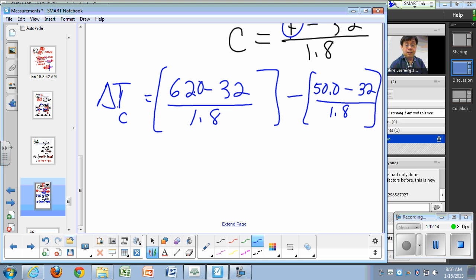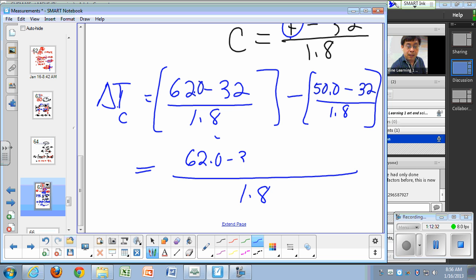Now you can calculate this individually and then get the difference and you should arrive at the same answer. Or you can manipulate this algebraically and simplify it. You have the same denominator, so you can put everything over 1.8. So this is going to be 62.0 minus 32 minus 50.0 minus 32. You'll notice the 32 doesn't factor into your calculation at all. What is 62 minus 50?